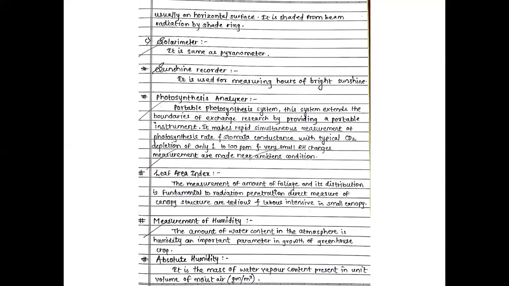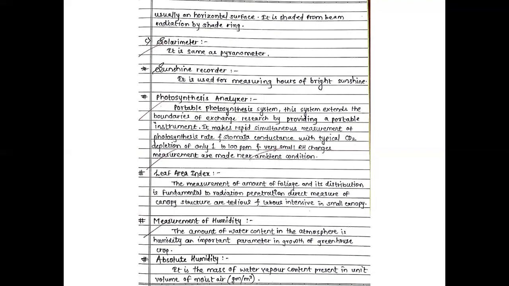So this is the photosynthesis analyzer, a portable instrument which can sense the typical CO2 depletion from 1 to 100 ppm, and also can sense the RH changes, which gives the photosynthesis rate.